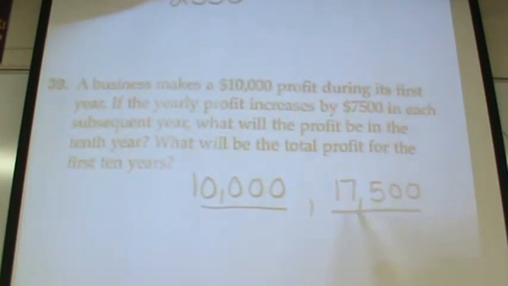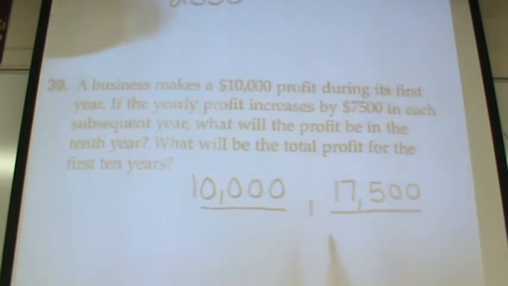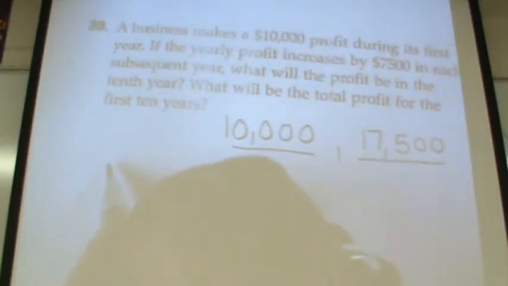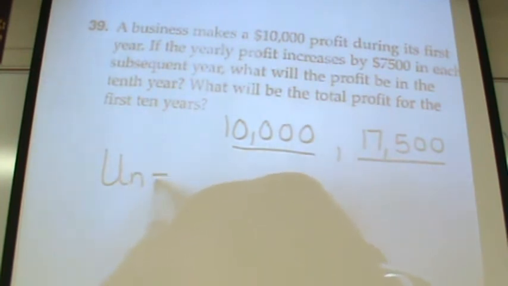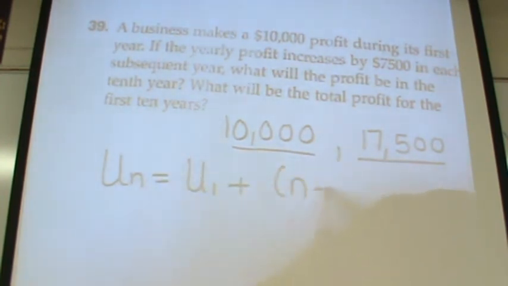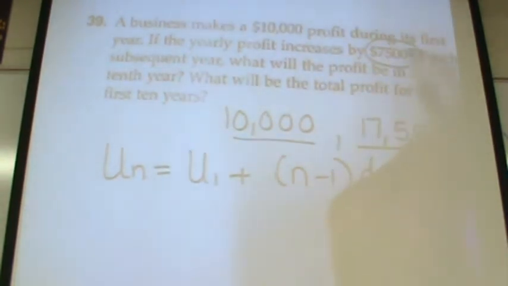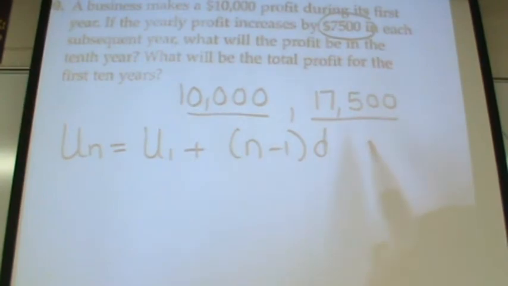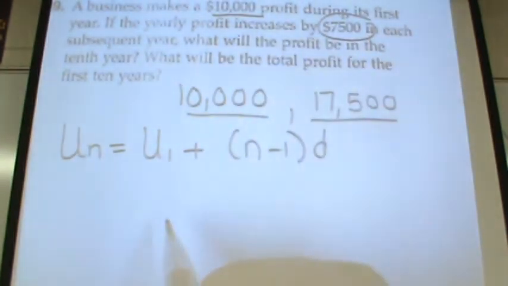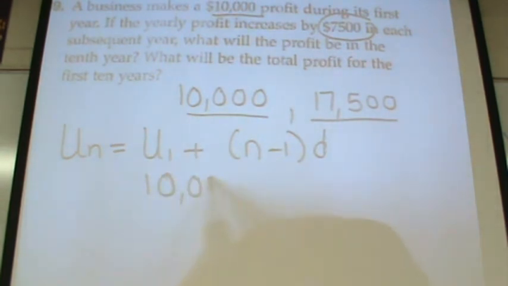So we could generate all 10 years by doing that recursively, but that's very tedious. So we're going to use an explicit formula, and it states the first term plus n minus 1 times the common difference. If it's increasing by 7,500, that's your d value. And if it starts off at 10,000, that's your first term.